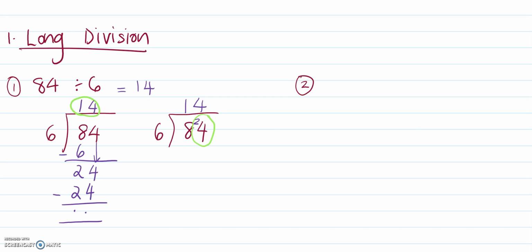Okay. Let's say 93 divided by 4. Okay, so if we rewrite this, 93 divided by 4, does 4 go into 9? Yes. How many times? Twice.